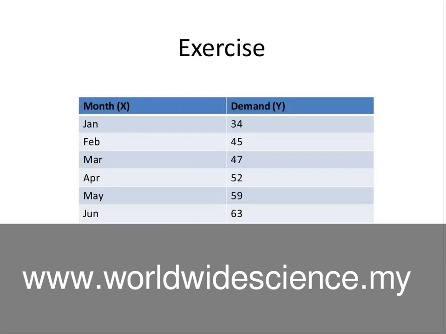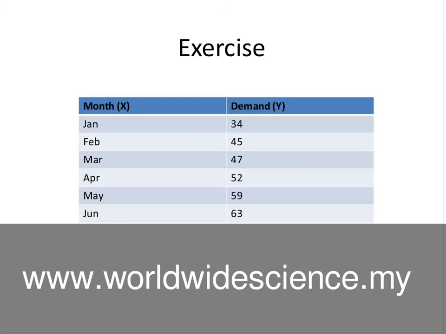For x bar and y bar, to calculate x bar and y bar, x and y should be divided by how much? Should be divided by n.